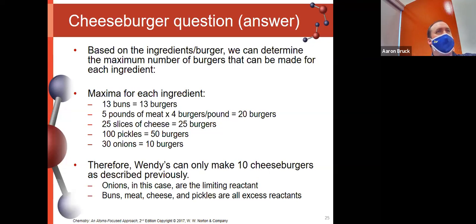Reactant 1 makes 30 grams. Reactant 2 makes 50 grams. Reactant 1's the limiting reactant. 30 grams is the yield. Same analogy, same way of doing things, just using chemical concepts instead of these more tangible ones.